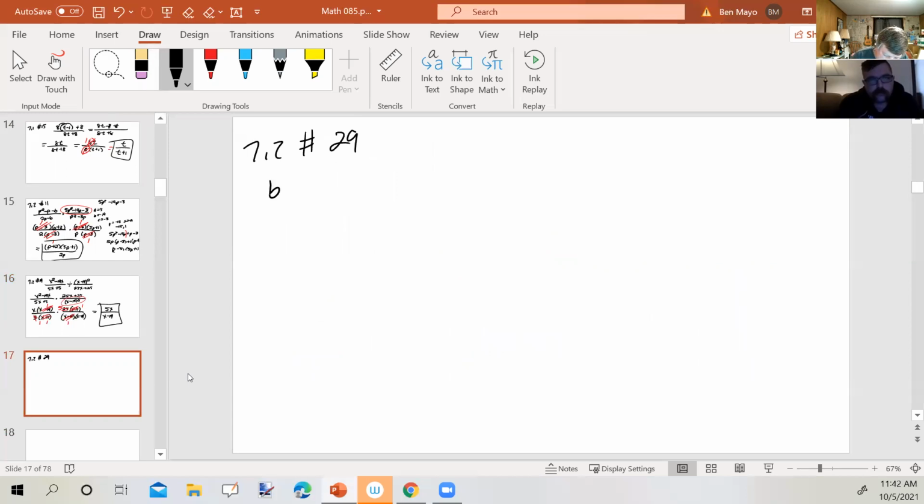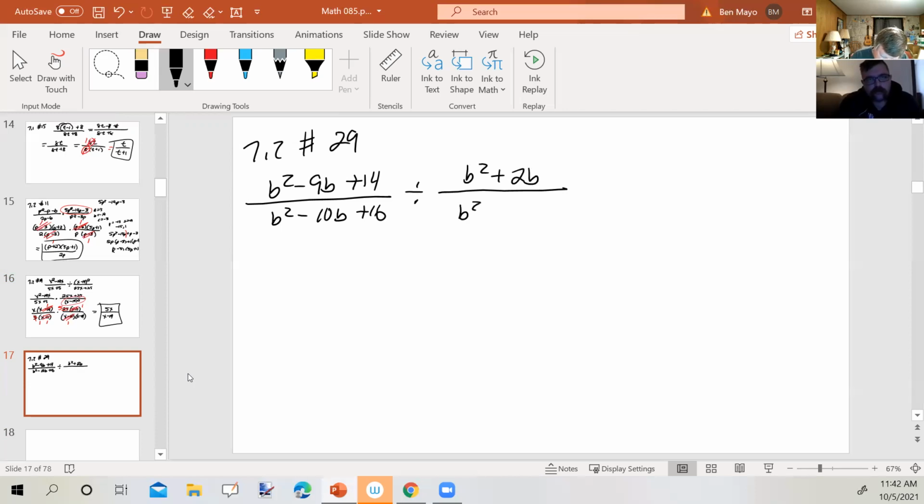So we have b squared minus 9b plus 14 all over b squared minus 10b plus 16 divided by b squared plus 2b over b squared minus 6b minus 16. So we're dividing.